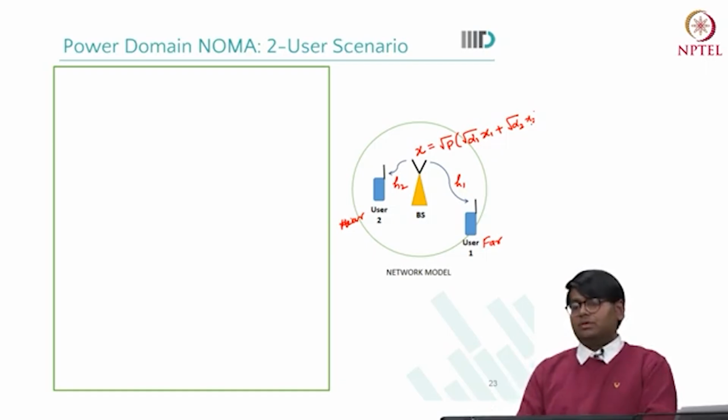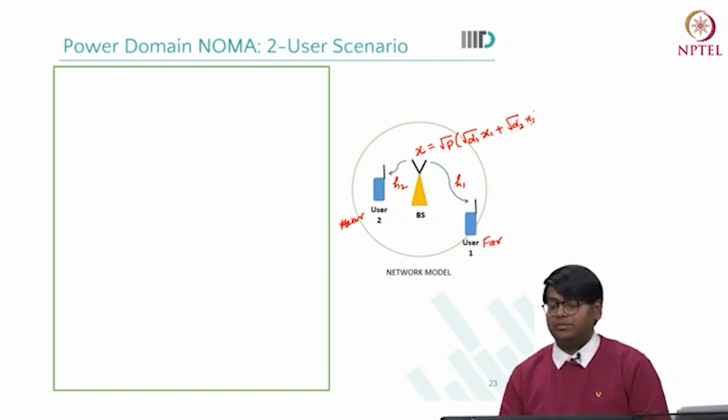Kindly note here, P is the transmit power of the base station, and alpha 1 and alpha 2 are the power allocation factors associated with user 1 and user 2 respectively. The basic property of the power allocation coefficients is that the summation of all the coefficients alpha i should be 1.